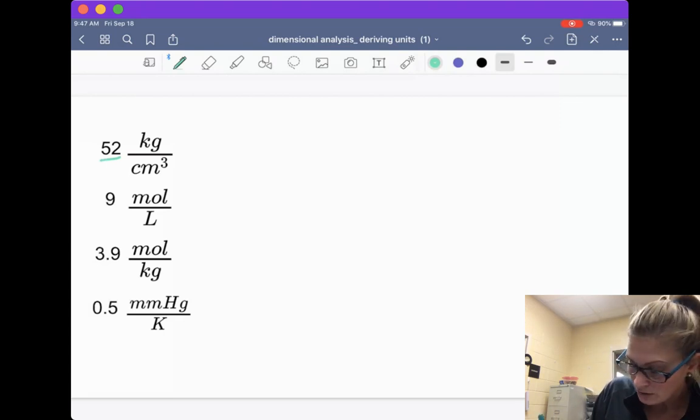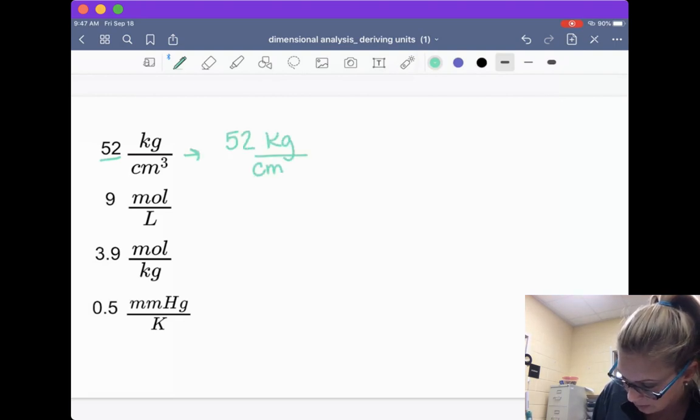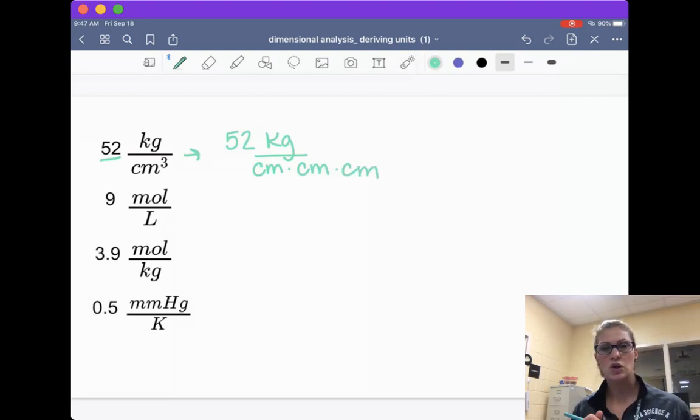We can also look at it as 52 kilograms over centimeter times centimeter times centimeter. So some type of mass, and we already know that centimeter cubed is a volume. So some type of mass divided by its volume. That's how that number was obtained.